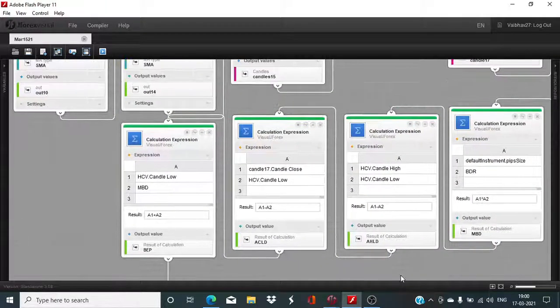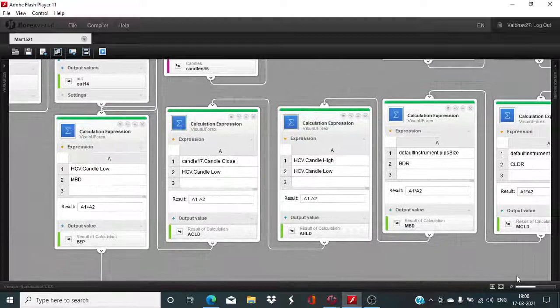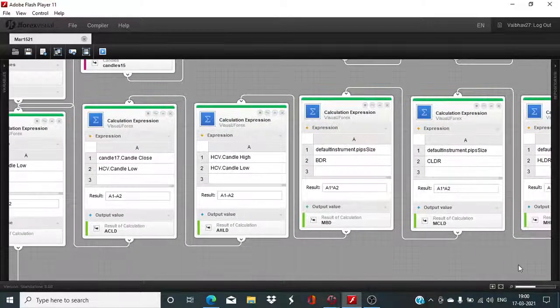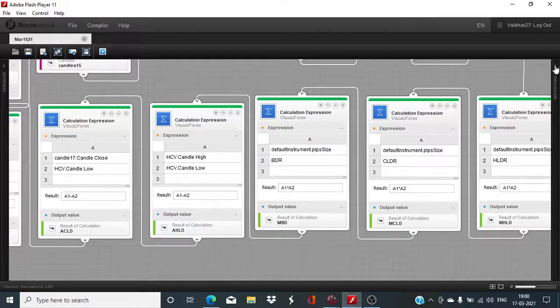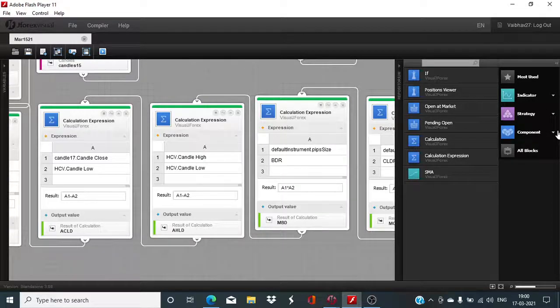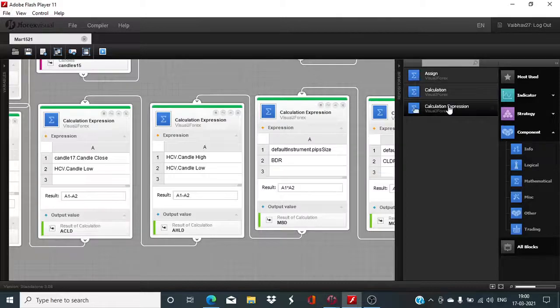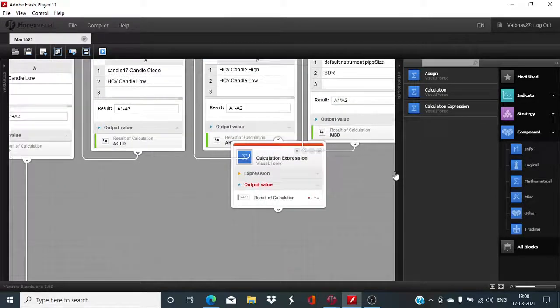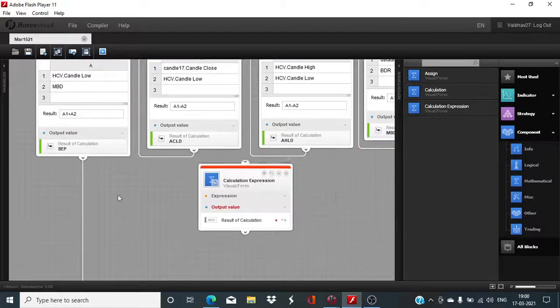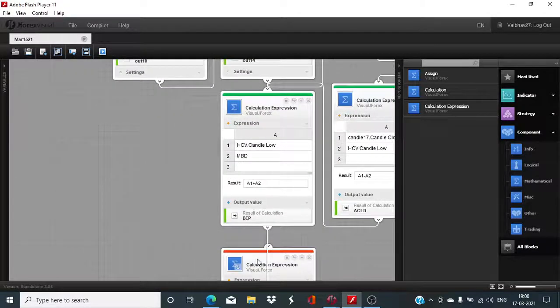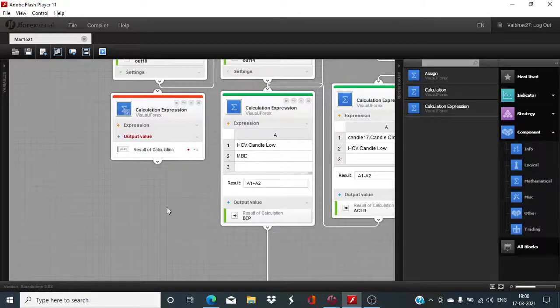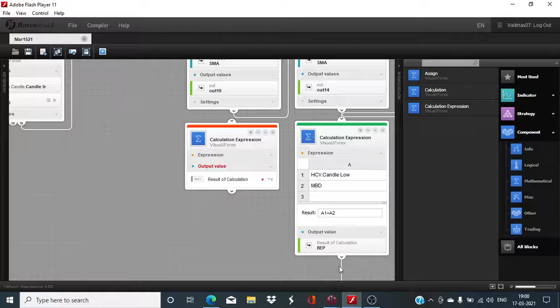So let us now get to business, and the first thing we will do is this calculation for the order validity. I will disconnect this.